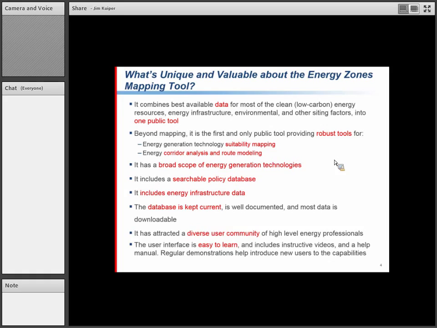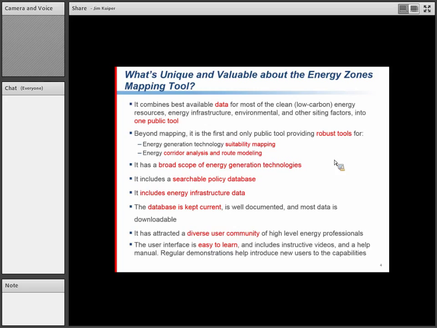So you can take a whole variety of siting factors and use the computer to help predict areas that would have the highest suitability for a particular energy generation technology. Today we'll be talking about corridor tools, so those are also useful. I mentioned the energy generation.